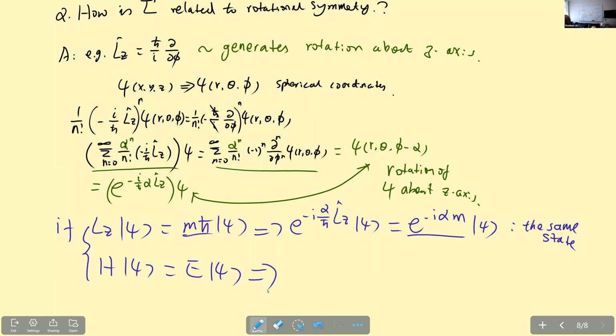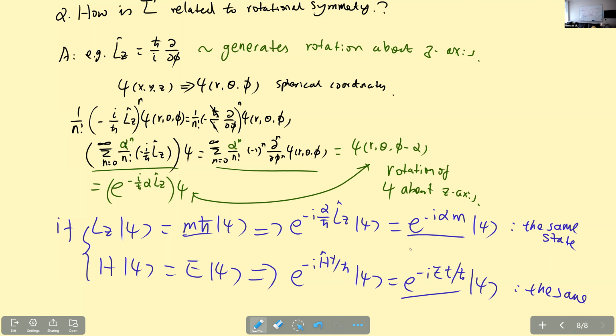And of course, you can see that the time evolution, e to the minus i Ht over h bar acting on psi, equals e to the minus i times the energy evolution over h bar, times psi. It's all the same state, because all of these are global phase factors.